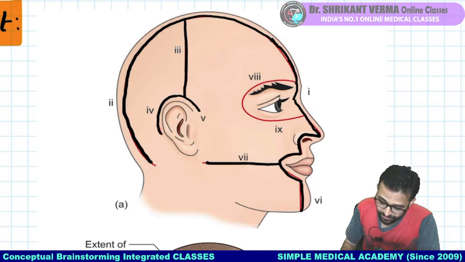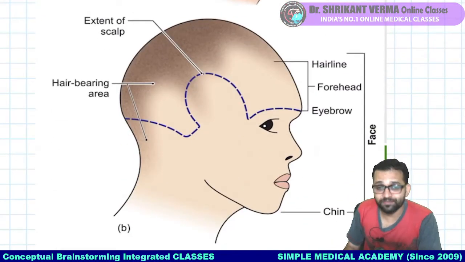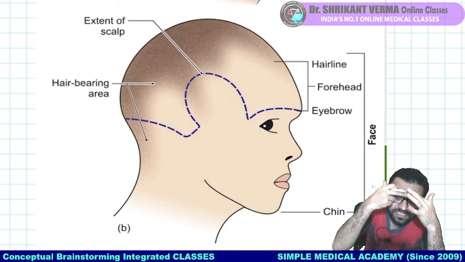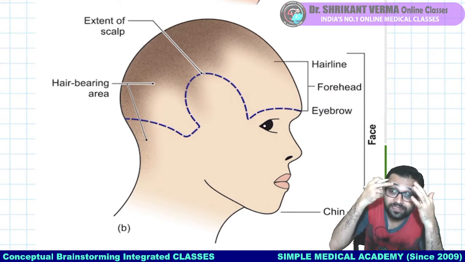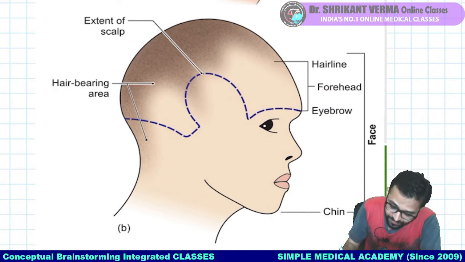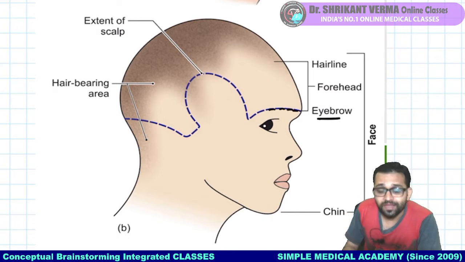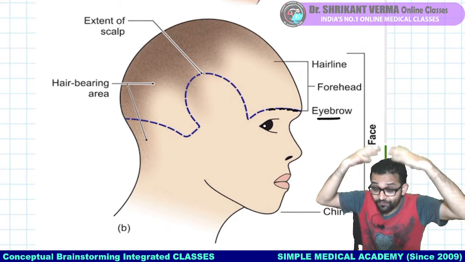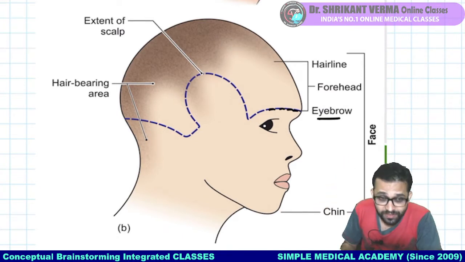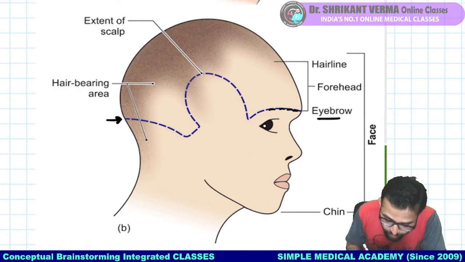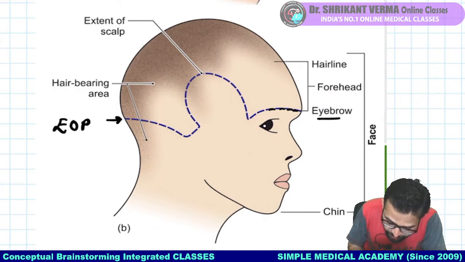Getting the point? Okay, so just observe this diagrammatic presentation. Scalp is starting from our supraorbital margin, here near the eyebrow, and on the posterior side, where the hair follicles grow, it extends up to the external occipital protuberance.